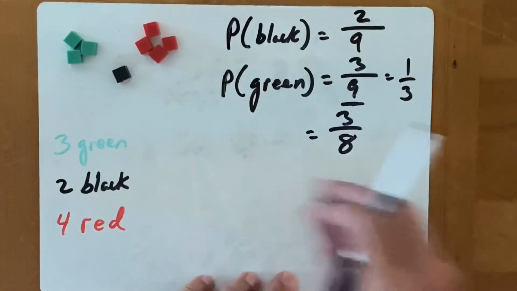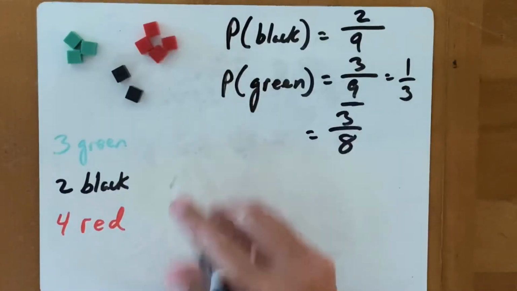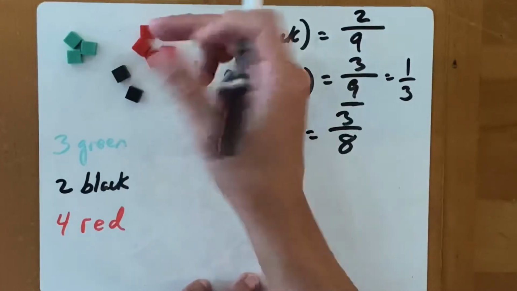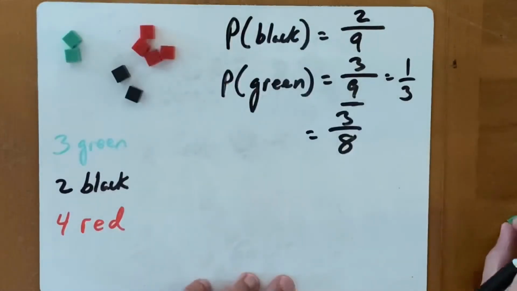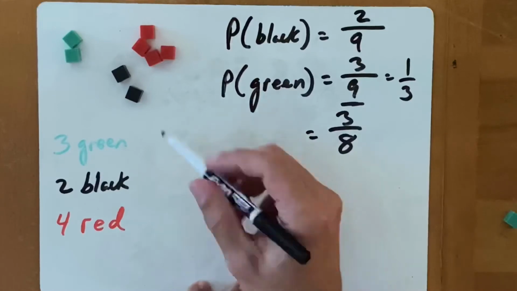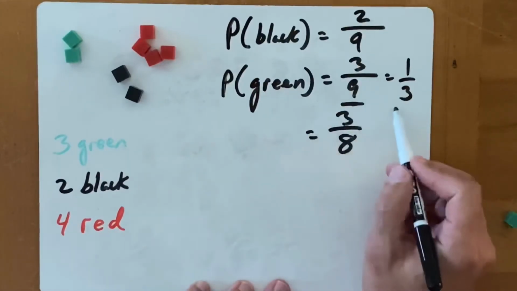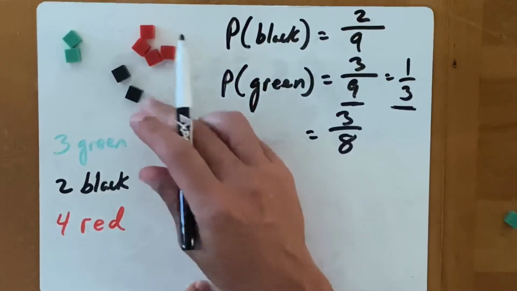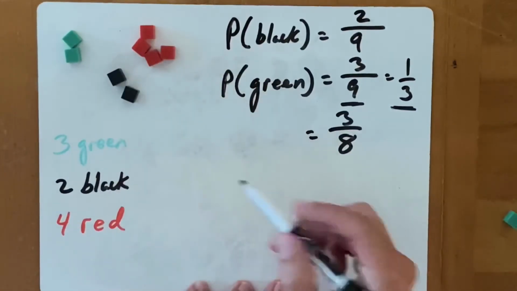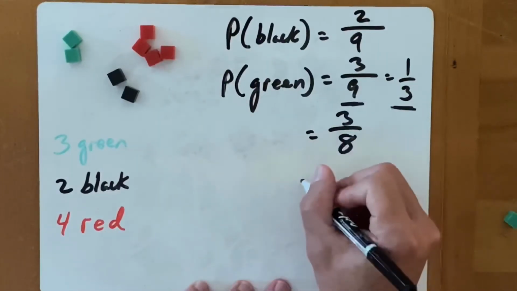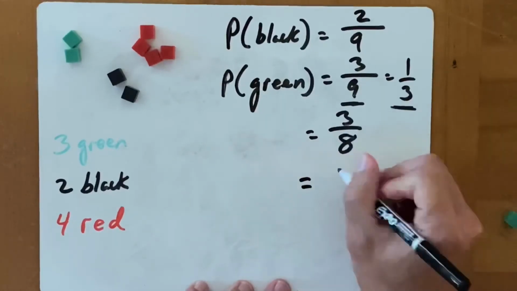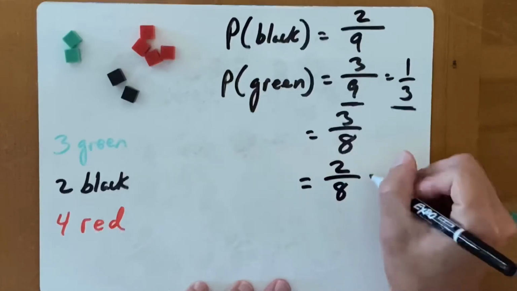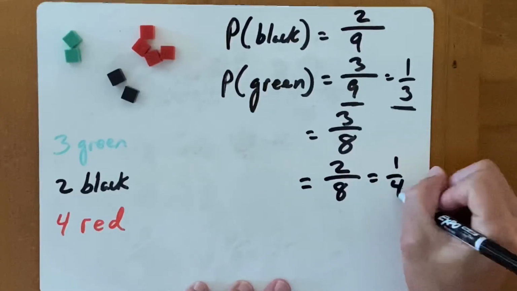So let's say I pulled out a green one first. We said that that one was 1/3. If I left the green one out of the bag and I chose another one, now what's the probability of pulling a green out? Well, now there's only 2 in the bag and a total of 8 left. So now I have a probability of 1/4.